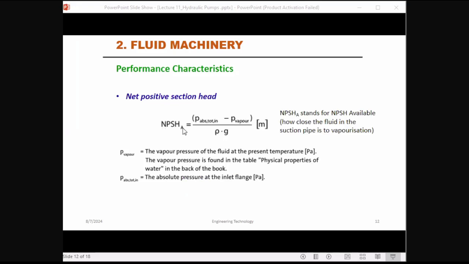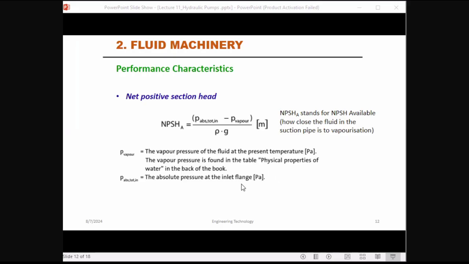NPSHA means available net positive suction head. You can calculate available net positive suction head as P absolute minus P vapor divided by rho G. Unit is meter. P absolute means absolute pressure at the inlet flange.